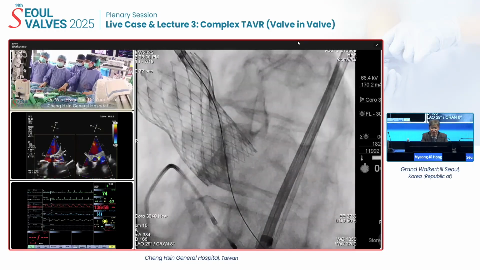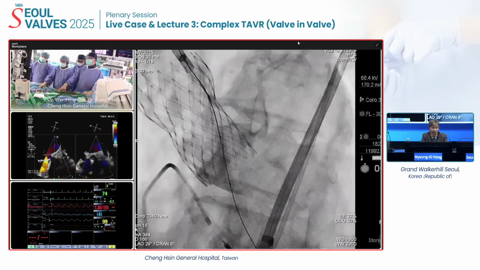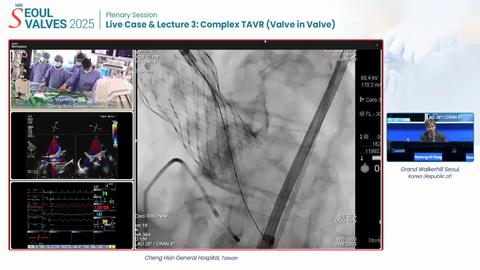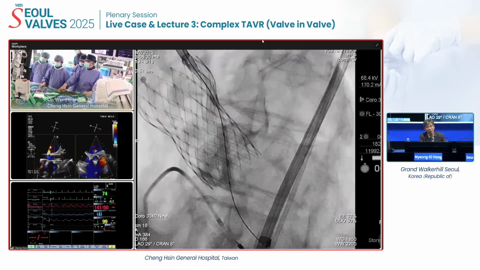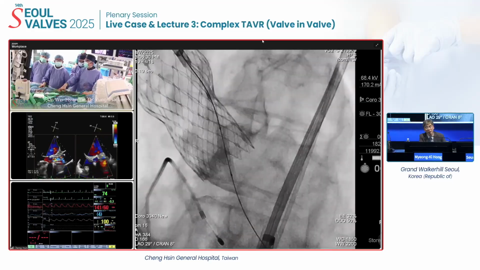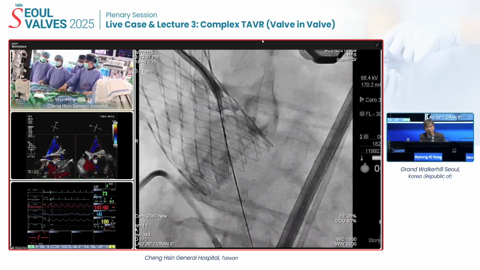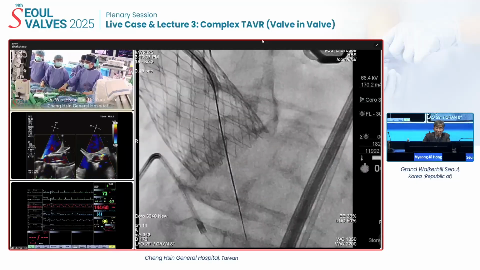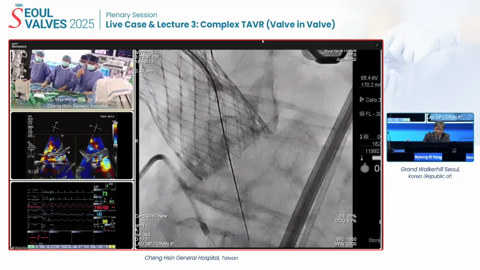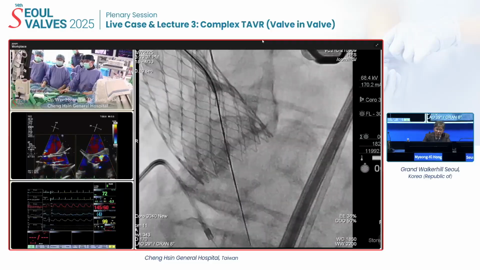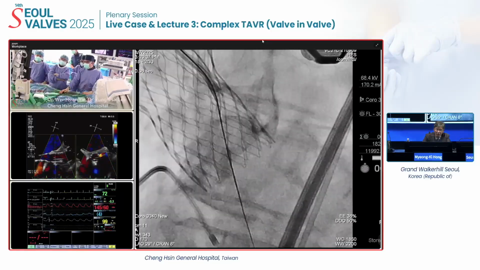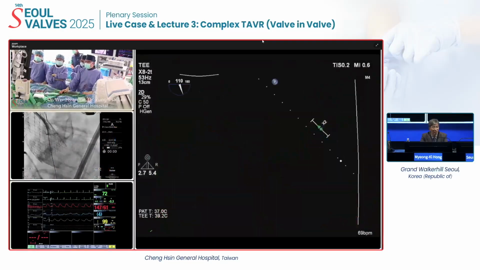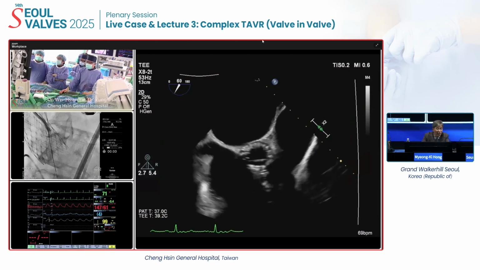In that way, we can confirm by angio that we are directed against the leaflet. So how do we confirm that the wire was passed to the left? In this angio view, you can see the pigtail is directed to the LCC. And also, we confirm that by TEE.